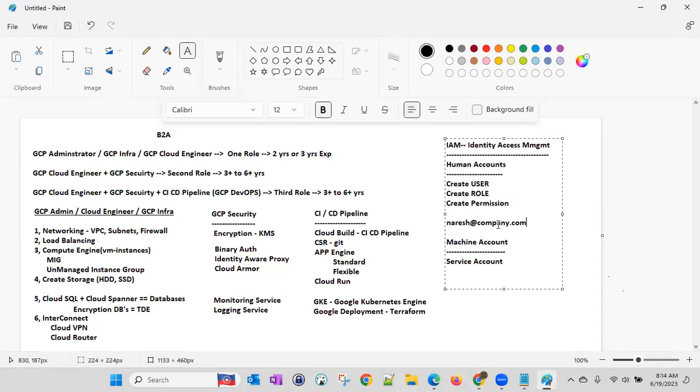One fine day, if he left the job, or he got some good opportunity and left the job, then what happens? Automatically, some people will come into the picture and they'll be deleting this account.